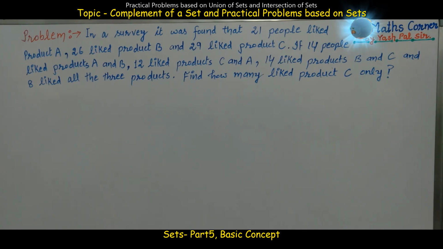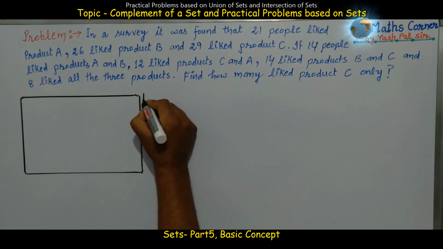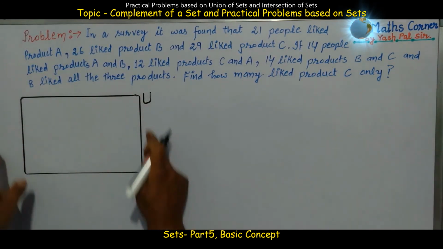This is the problem. With the help of a Venn diagram we shall solve it, and this will become very easy. First of all, we take the universal set represented by this rectangle.